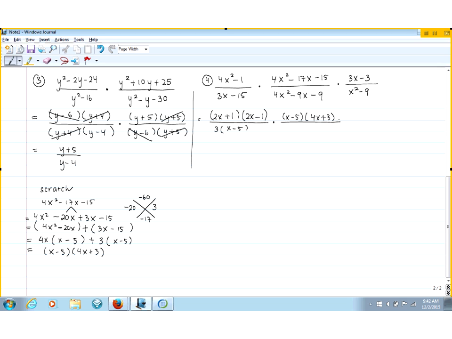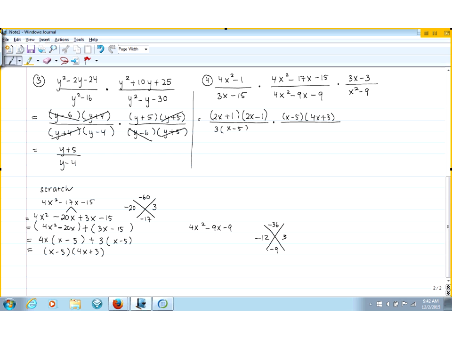How about the other one? 4x squared minus 9x minus 9. So let me see, do I have space here? Let me add a little one. So 4x squared minus 9x minus 9. What is the product equal to? Negative 36.